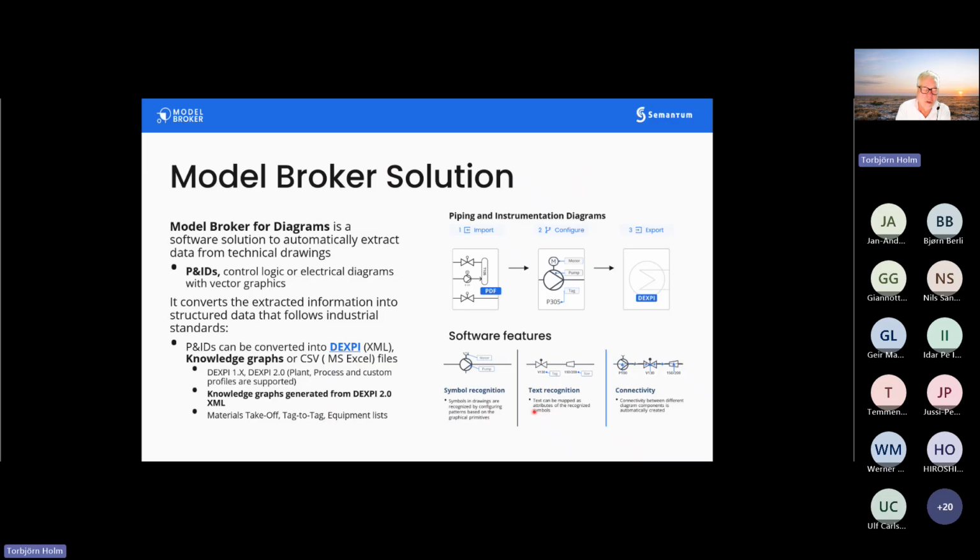From the beginning, they translated everything to Proteus files, XML files, but now they also have a way to get RDF out, and that really helps. That means that the big hurdle to go from P&IDs to semantic web is more or less gone. They deal with software features like symbol recognition, text recognition, and connectivity recognition.